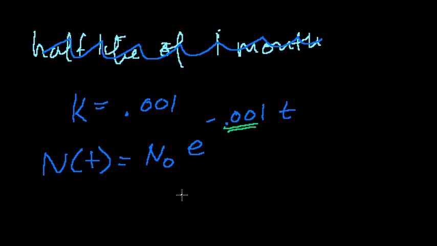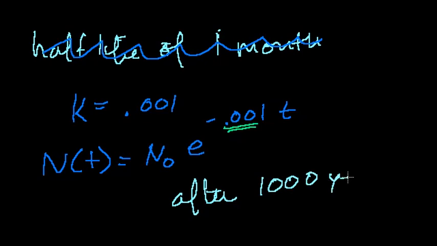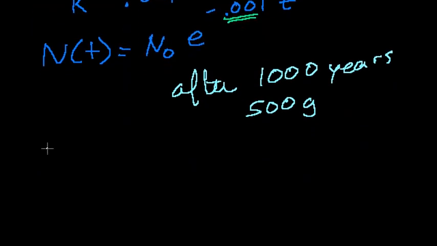But let's say this is the formula. And let's say that after, I don't know, 1,000 years, I have 500 grams of whatever element is described by this formula. How much did I start off with? So I need to figure out n sub 0, right?